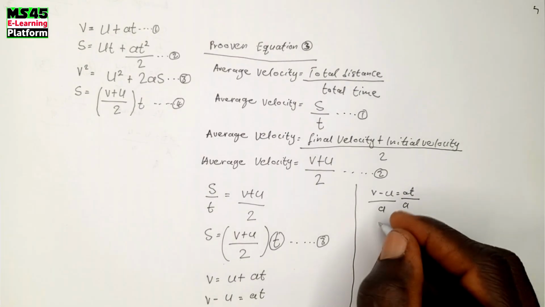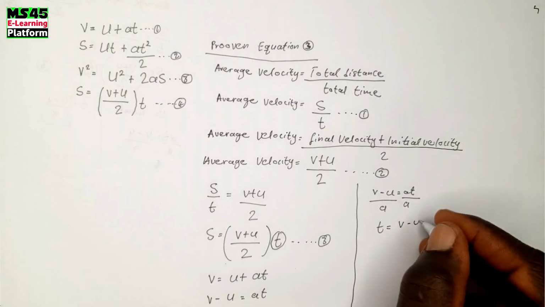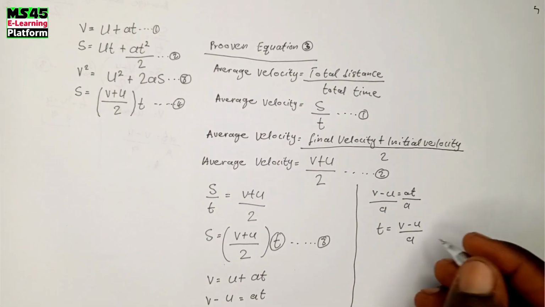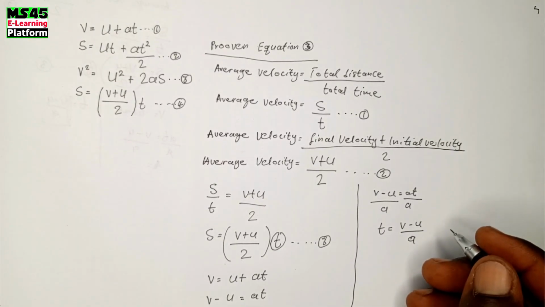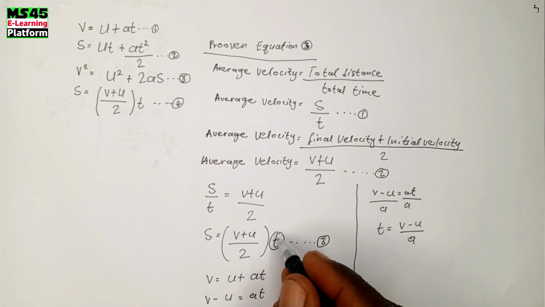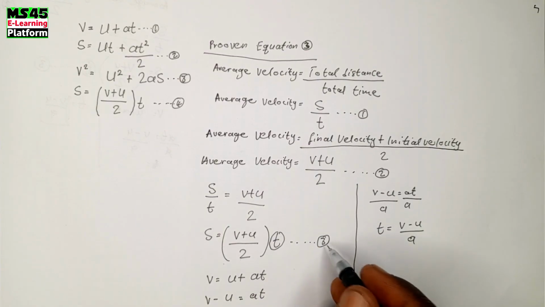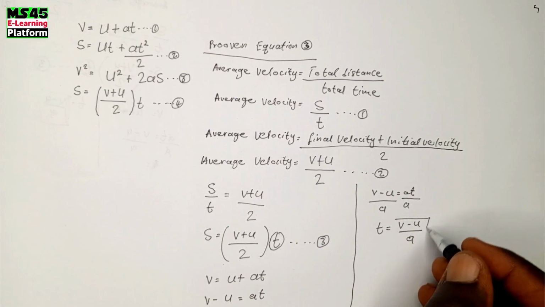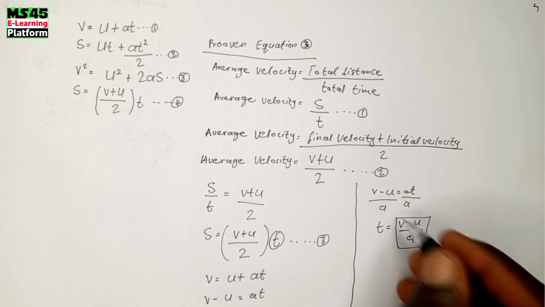So therefore our t will be equals to v minus u on a, right? Yeah, so wherever we found t at equation 3, we are going to substitute v minus u on a there.